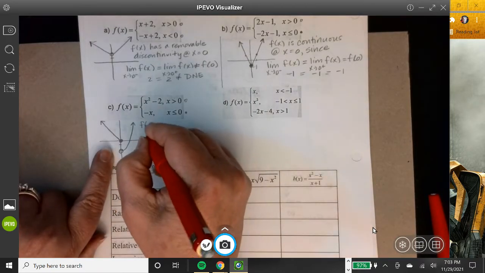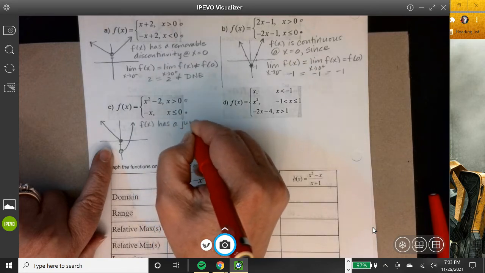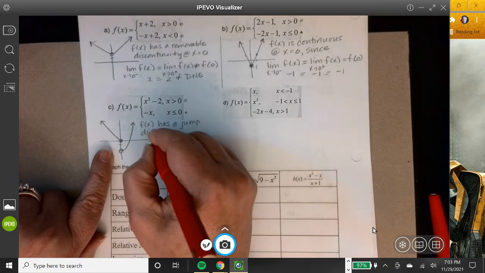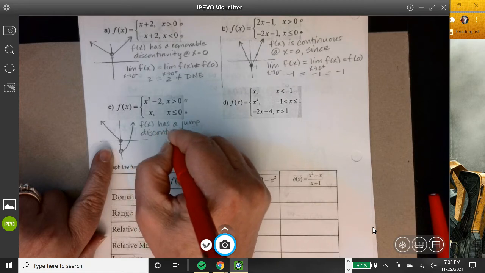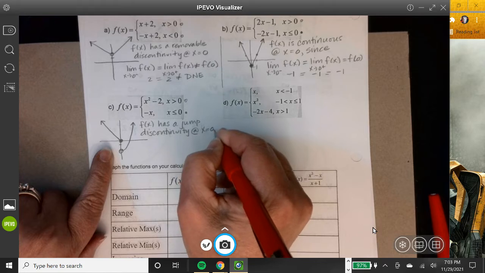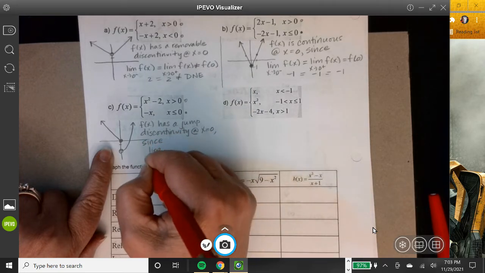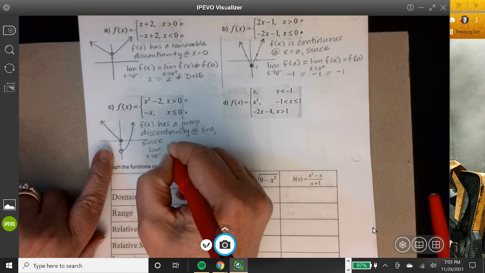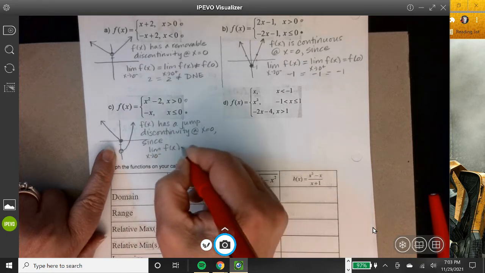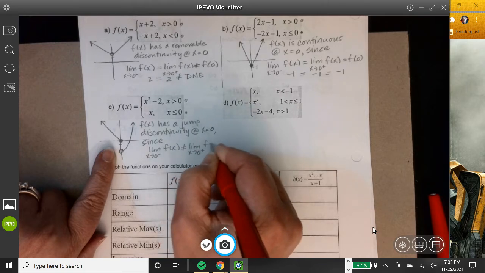Well, we can say f of x has a jump discontinuity at x equals 0 since the limit as x approaches 0 from the left of f of x is not equal to the limit as x approaches 0 from the right because the y values are different, right?